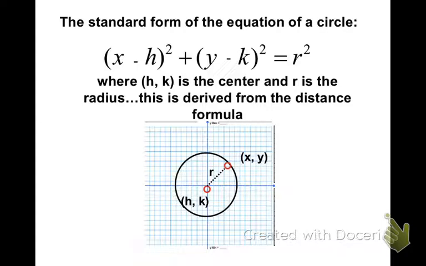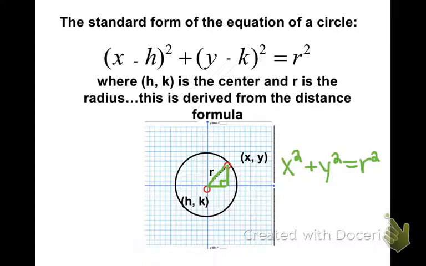You can see that if we connect our point, we can make a right triangle. Now we connect it with the Pythagorean theorem. We could say x squared plus y squared equals r squared.